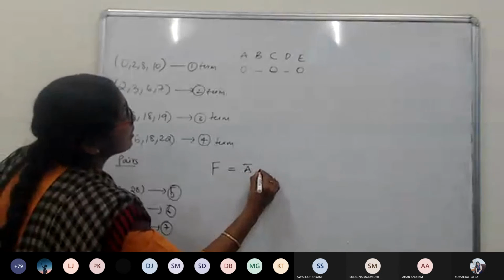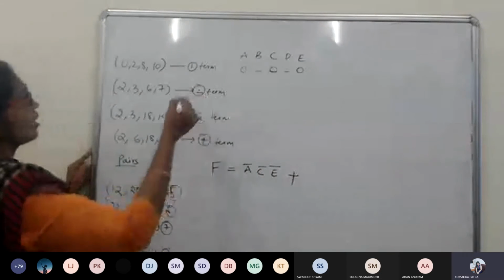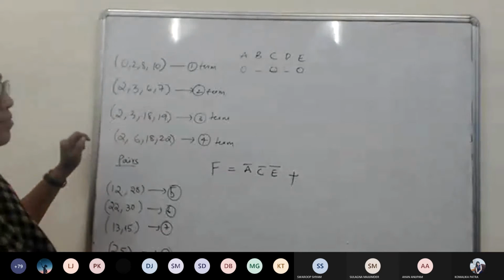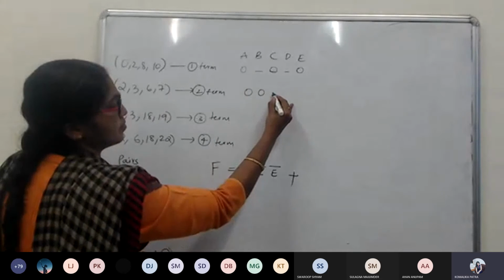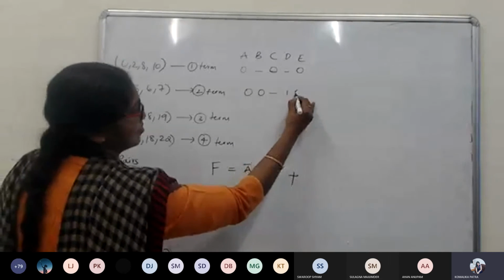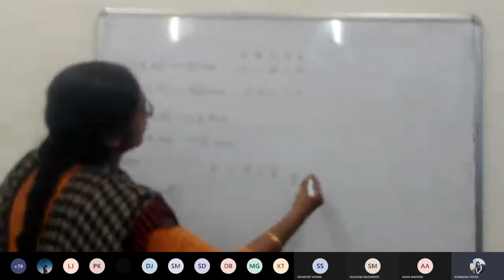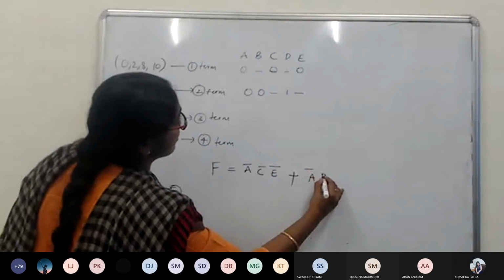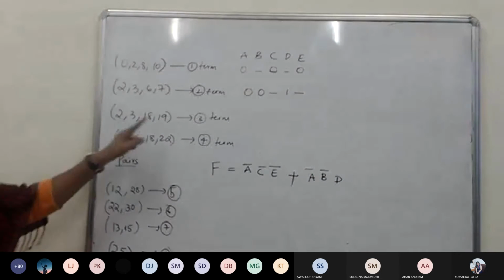Now A bar, C bar, E bar. Now second term: 0, 0, dash, bar 1, 0, 1 bar. So this term over here is A bar, B bar, D. That's it. Okay.